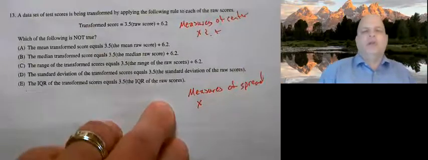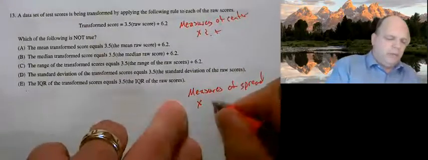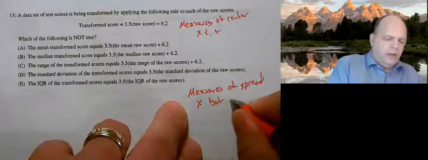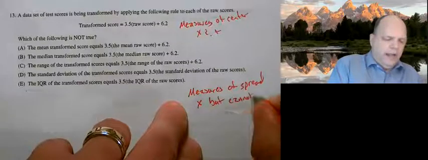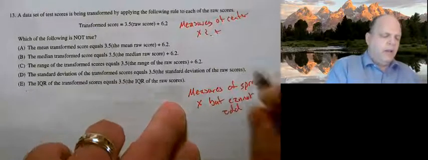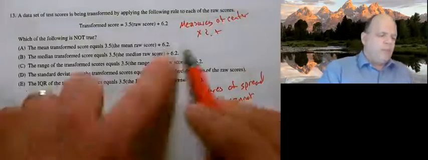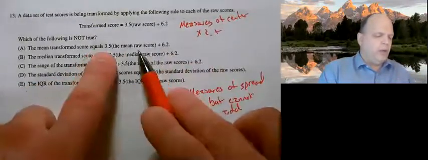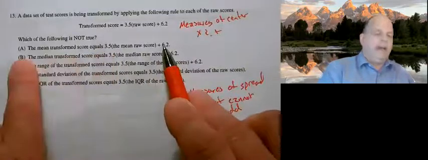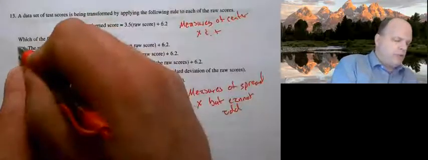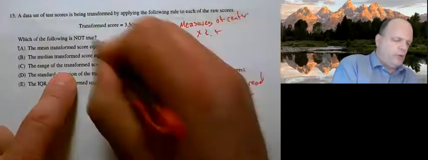So you can times, but you cannot add. All right? And remember the mean is a measure of center, so we can definitely multiply and we can definitely add. That's true. So this is true, and we're looking for not true.